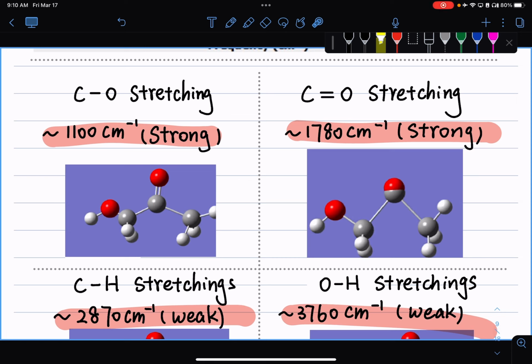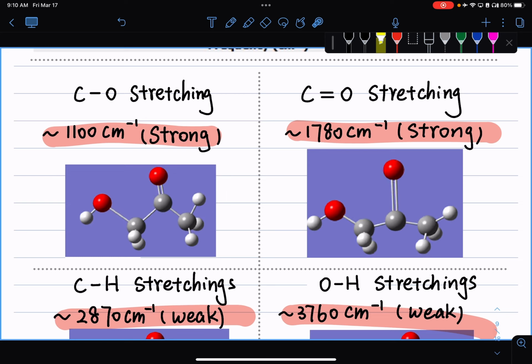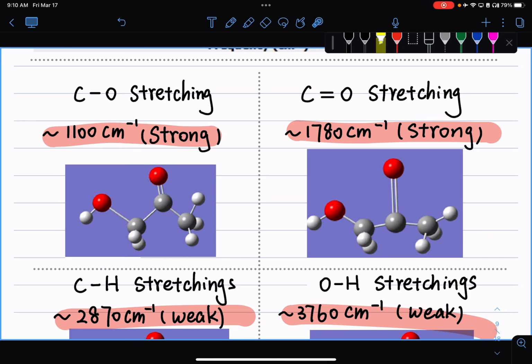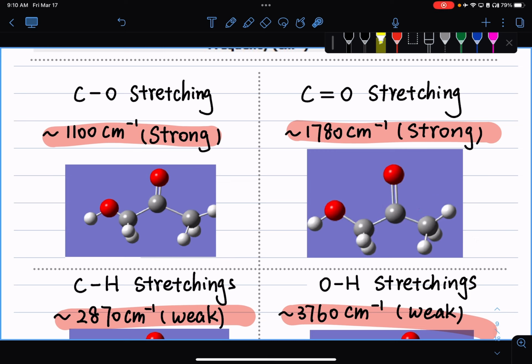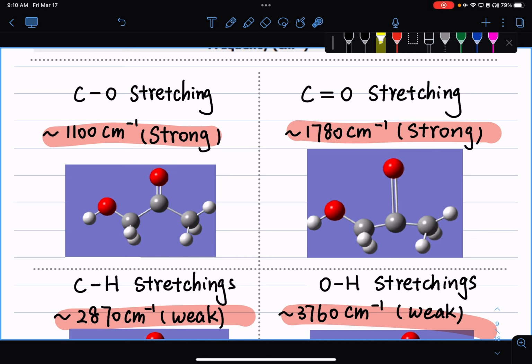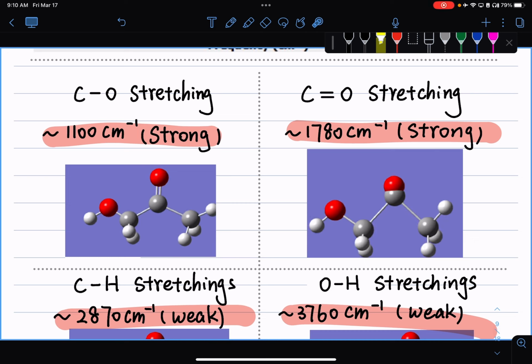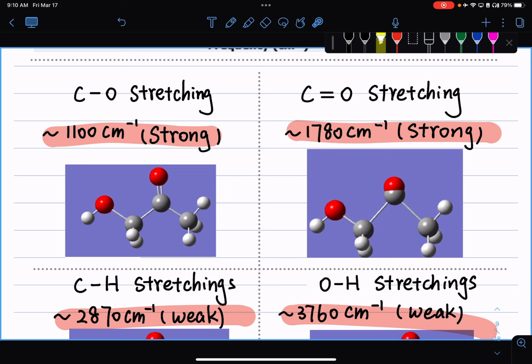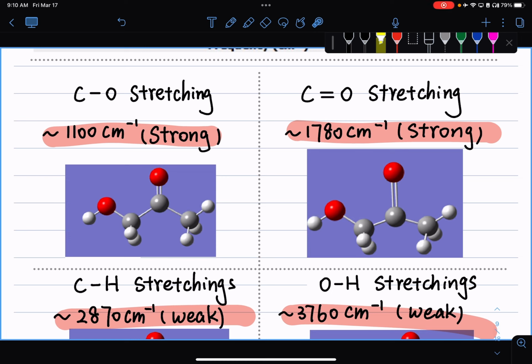So the reality is complicated, but we try to simplify it. Likewise, for the carbonyl group or the CO double bond stretching, the primary motion is the CO double bond stretching, but the other part of the molecule is also moving, accompanying that stretching. That also explains why on this table we have a big range for that frequency instead of just one single line.